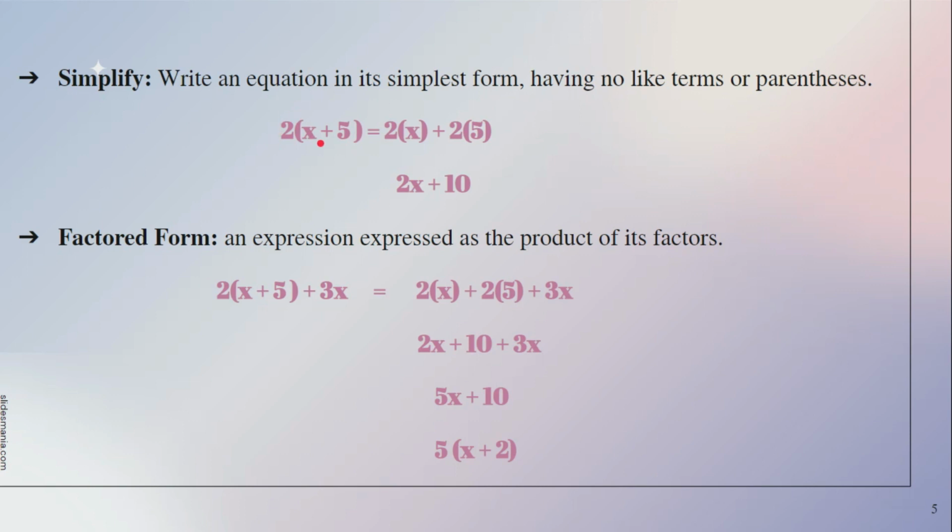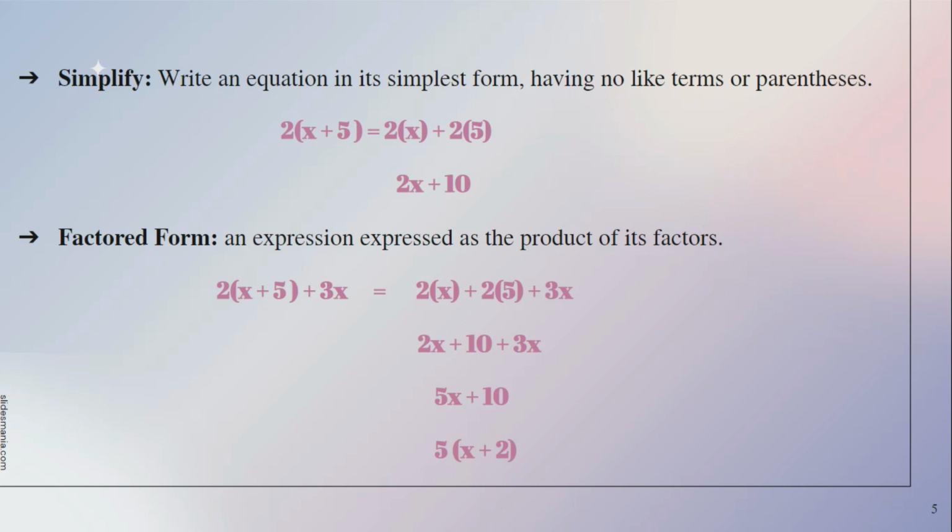We apply the distributive property on this expression and we get 2x plus 2 times 5. We simplify it, or find the product of 2 times x, which is 2x, plus the product of 2 times 5, which is 10. Down here, our expression has no like terms and no parentheses, so we say that it is written in its simplest form.